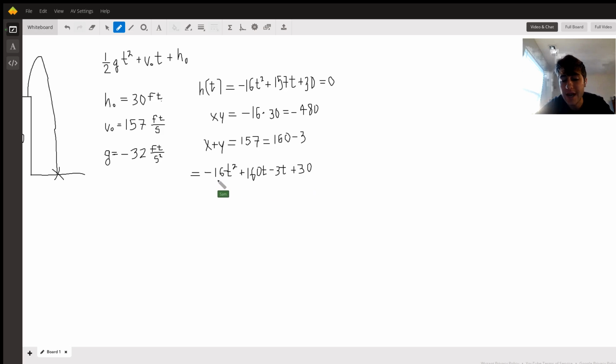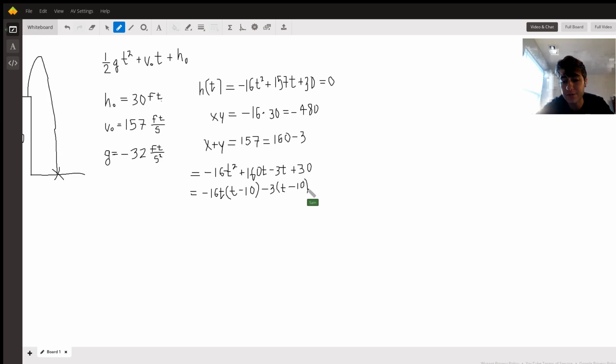So we can factor negative 16t out of the first two terms, so we get negative 16t times the quantity t minus 10. And we can factor negative 3 out of the next two terms, so we get minus 3 times the quantity t minus 10.